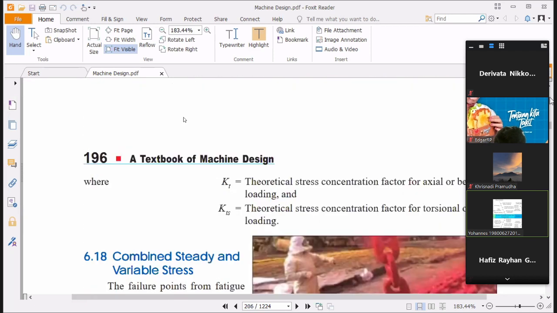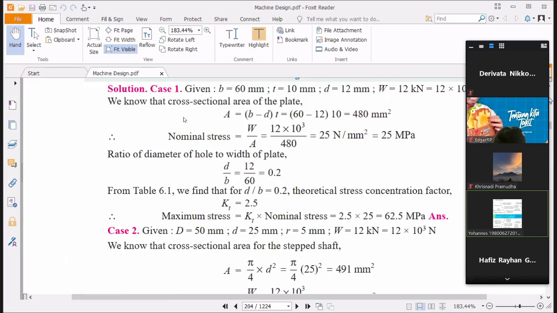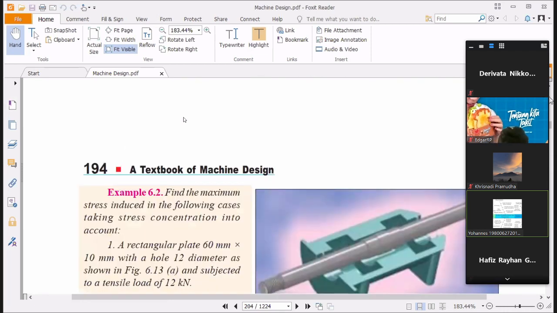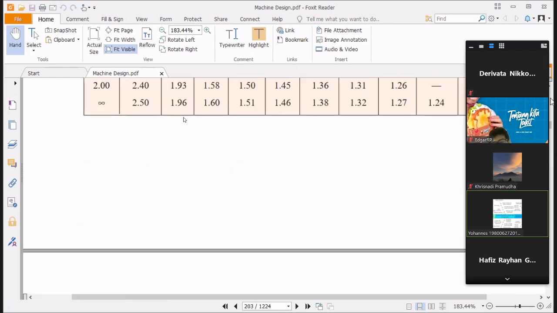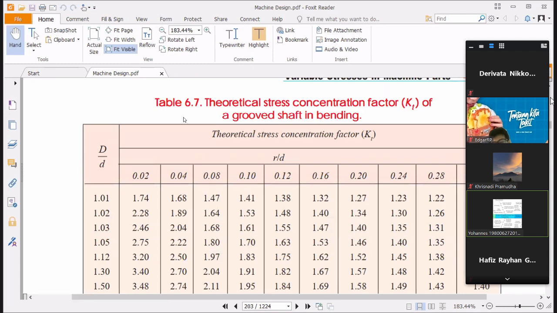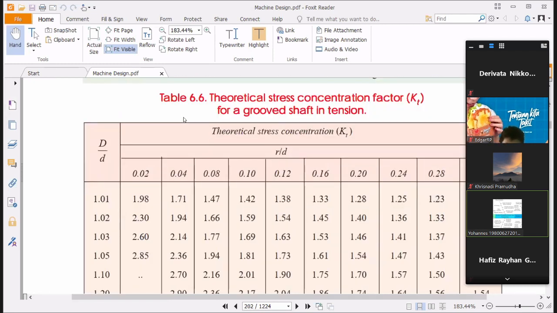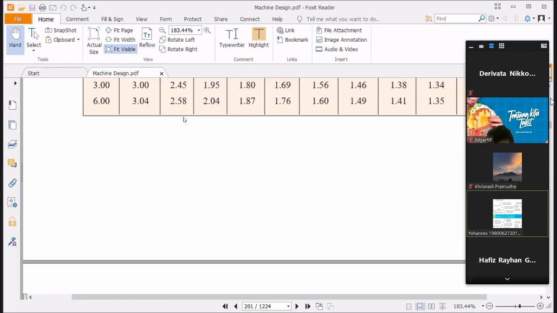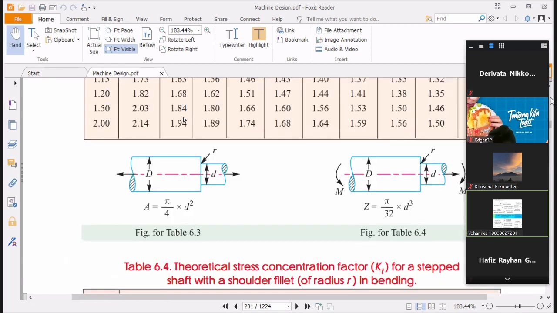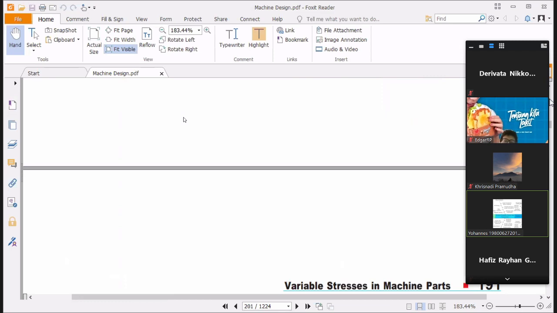Okay, so the main purpose of this correction factor is to adapt the practical application to the laboratory test result. So in that way, using this correction factor, we can use the data obtained from the laboratory, even though the real condition is different.